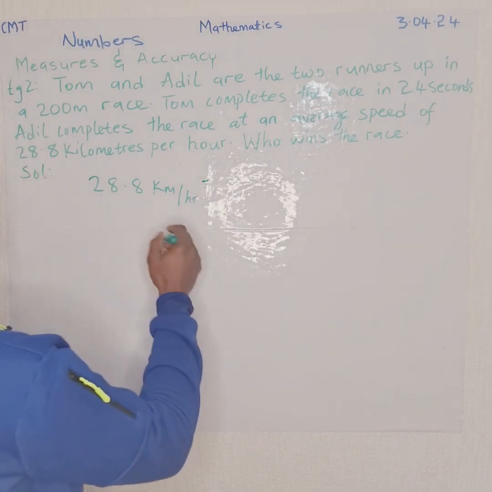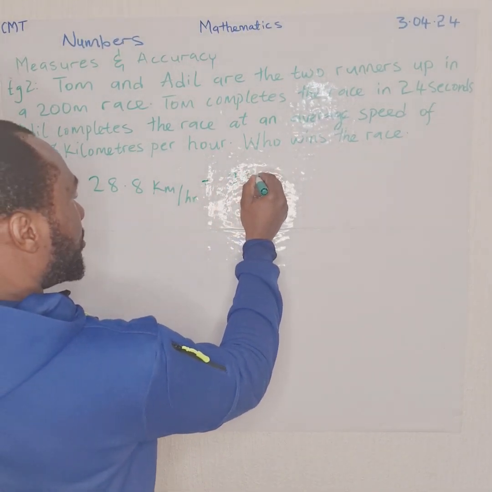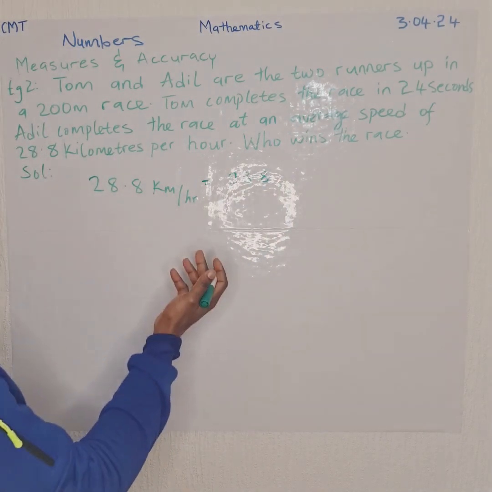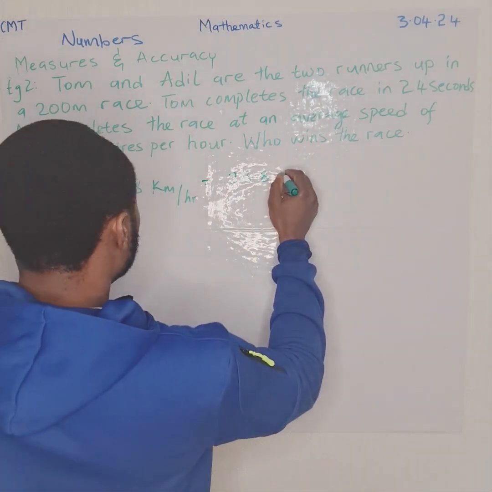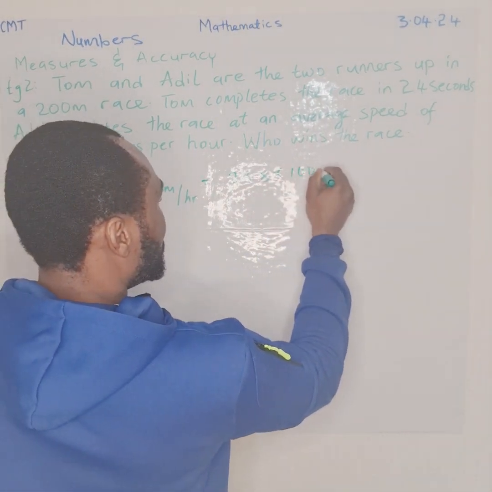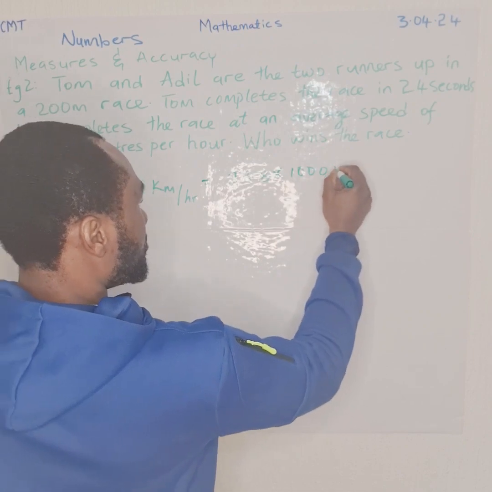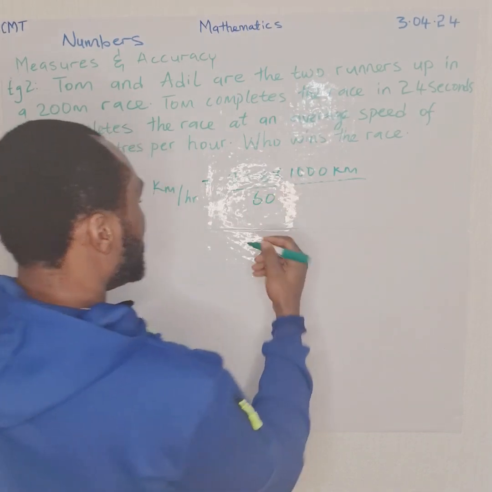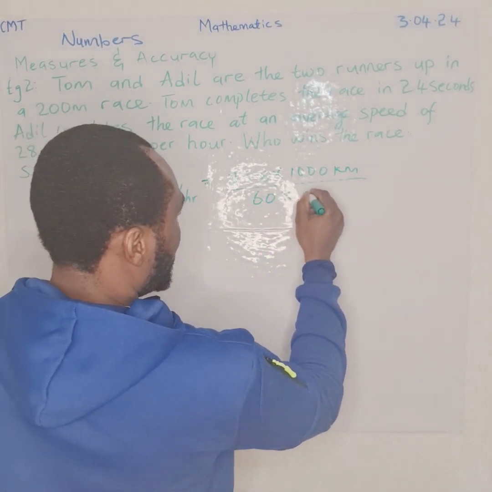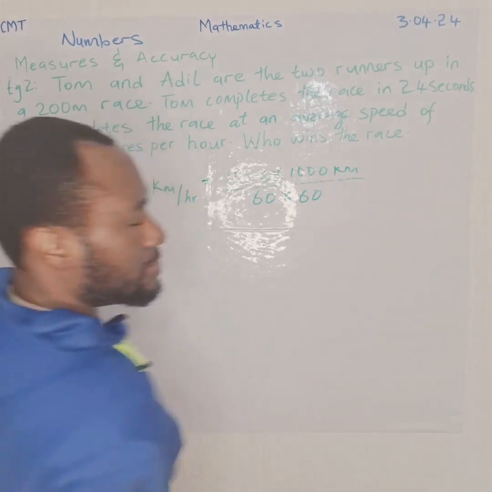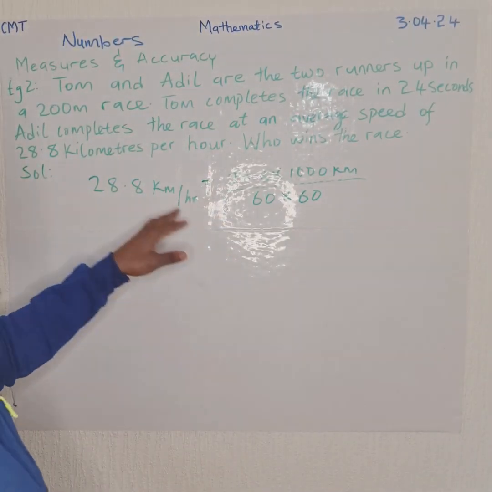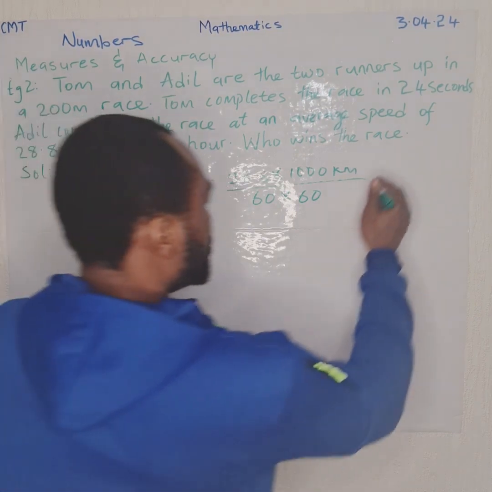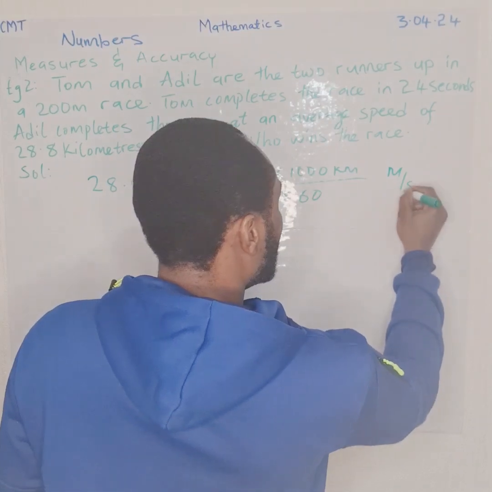So this is the same thing as 28.8, 1,000 meters makes 1 kilometer, so multiply by 1,000, divided by 60 minutes multiplied by 60 seconds. So by doing this, we have brought this particular value to meter per second.